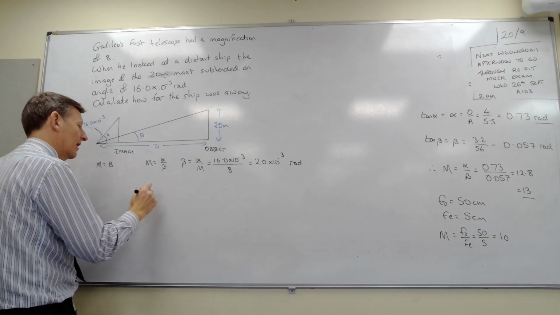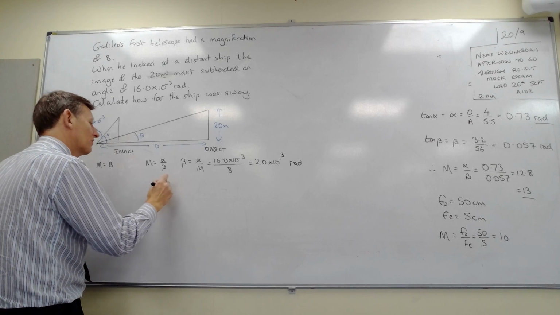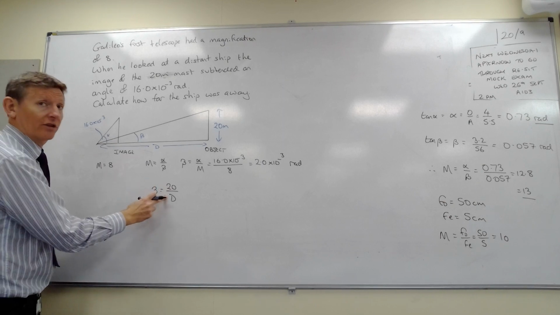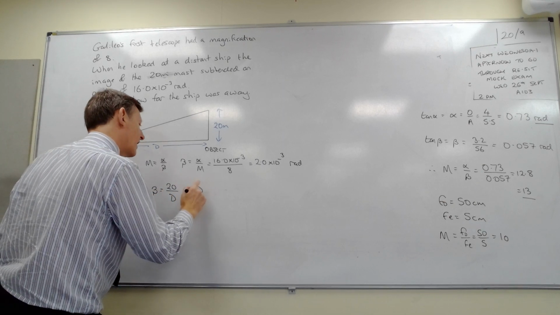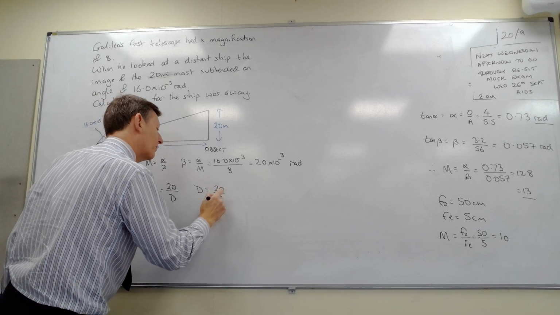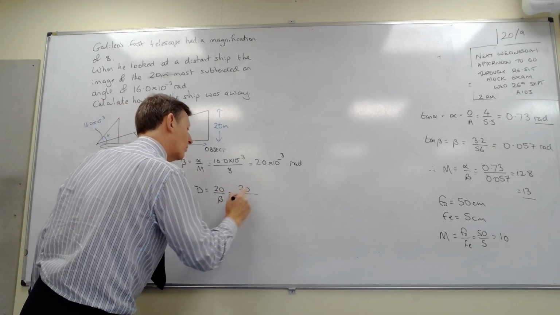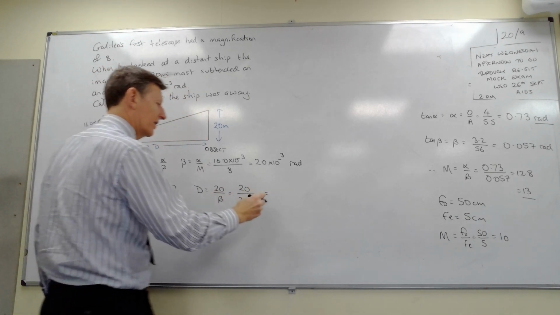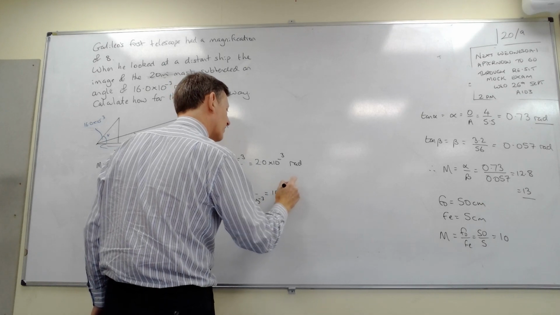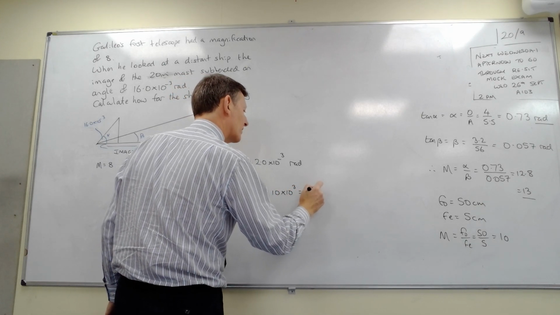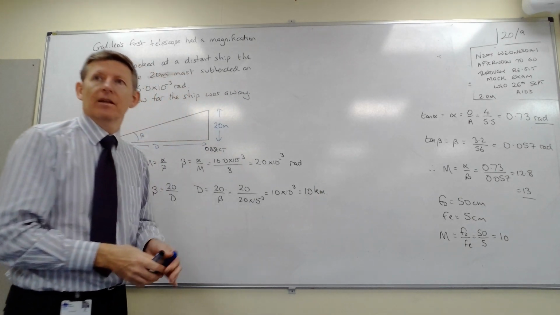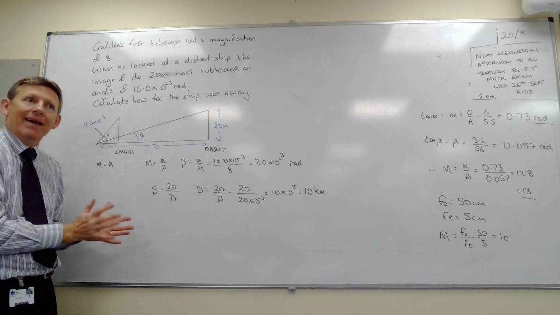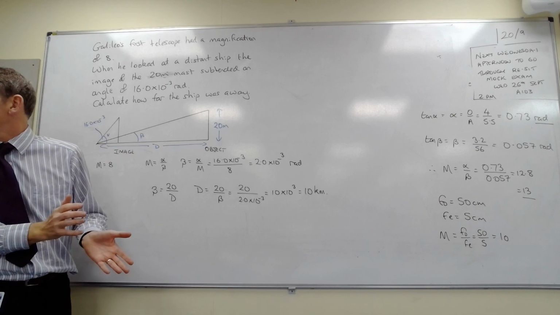So we've got that beta equals 20 over D, angle opposite over adjacent. So D equals 20 over beta, which is 20 over 2.0 times 10 to the minus 3. That's 10 times 10 to the 3, which is 10 kilometers. That's it. You can't make it any harder than that.